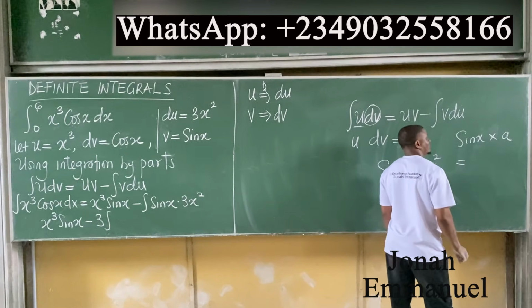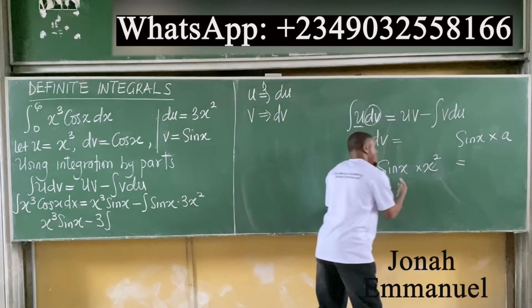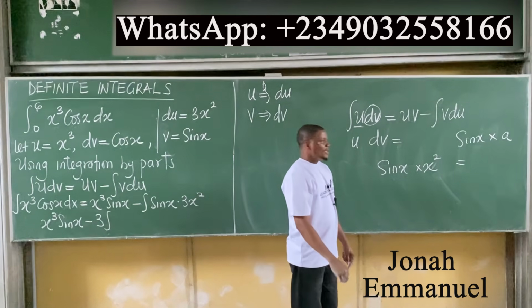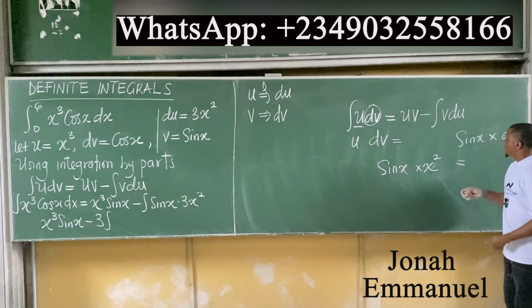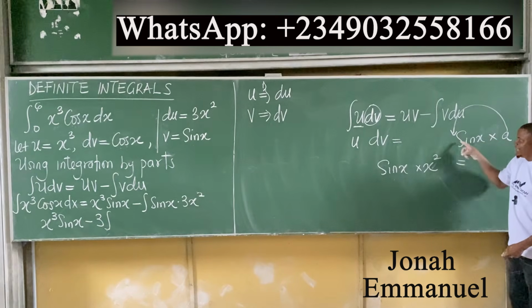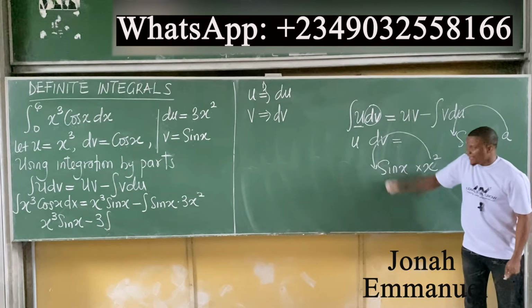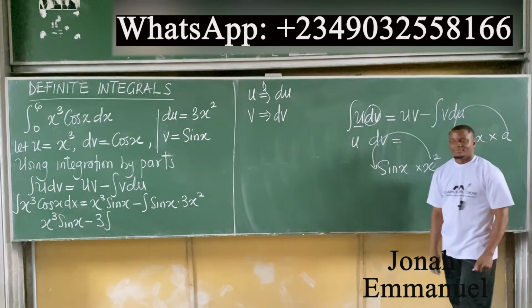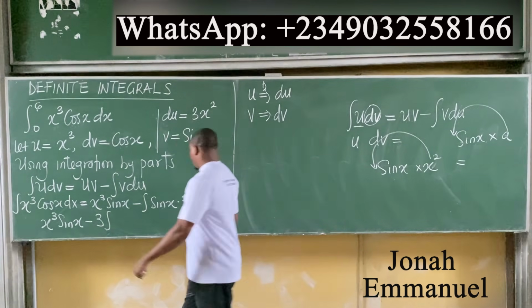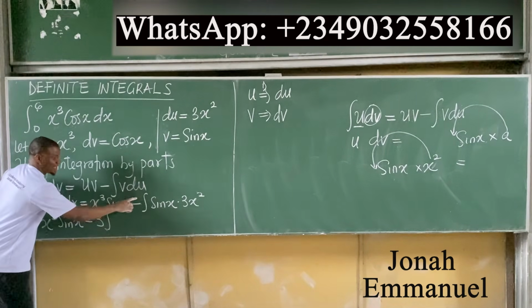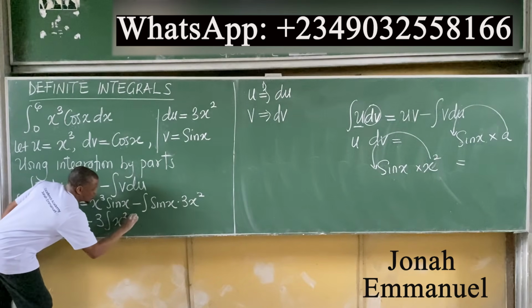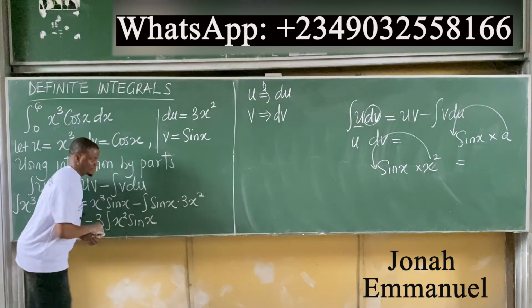What do you have here? This and this are the same thing. If this would give you a sine x, the idea is that this one comes this way. What do you have there? So this 3 comes outside the integral sign. This becomes x squared sine x.